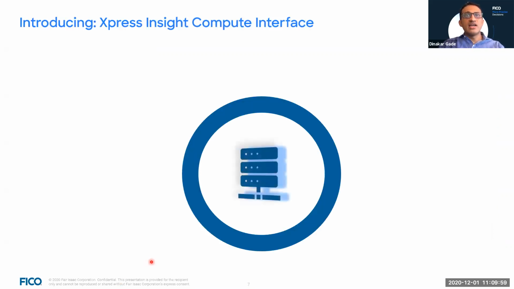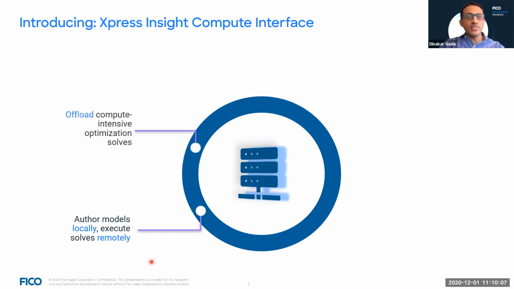So what can you do at a high level with the compute interface? You can develop your models locally and execute solves remotely. This means that you can offload compute intensive optimization solves to remote servers.